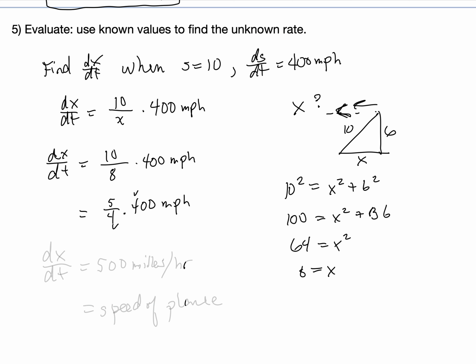The 4's cancel. That tells us that dx/dt is 500 miles per hour. So that is the speed of the plane. That is how much the position of the plane is changing at that moment in time. And so that's the speed of the plane at that moment in time.